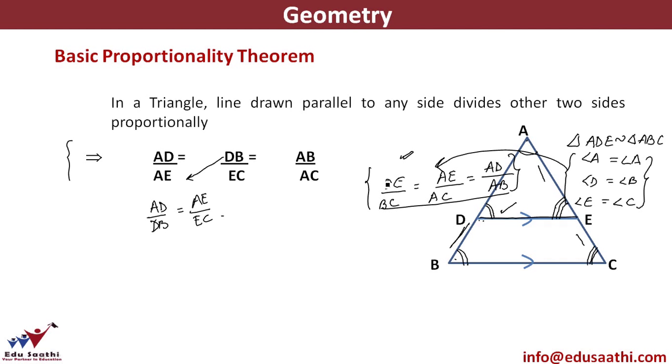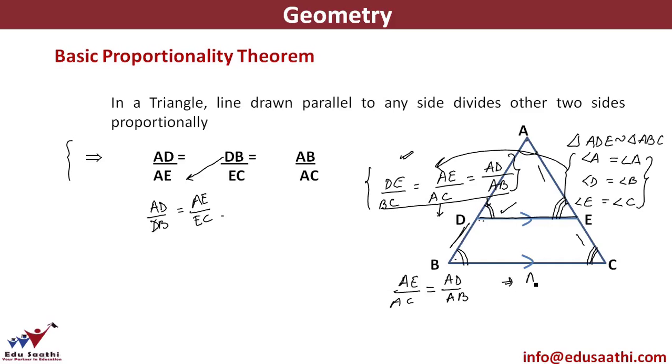So, what we have done is, if I look at these two, AE over AC is equal to AD over AB. If the two ratios are equal, their reciprocals are also equal.